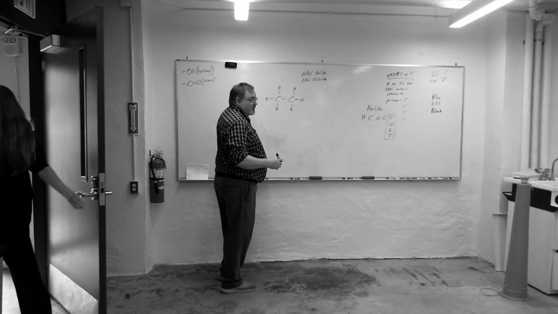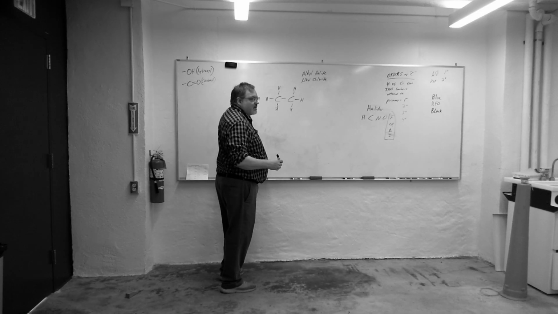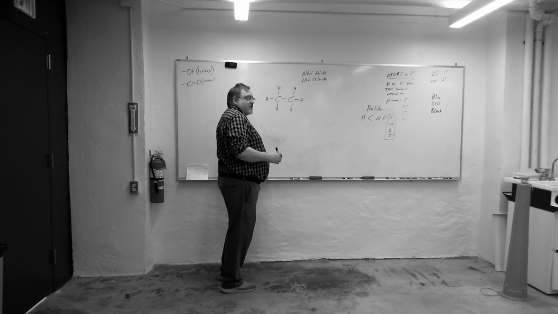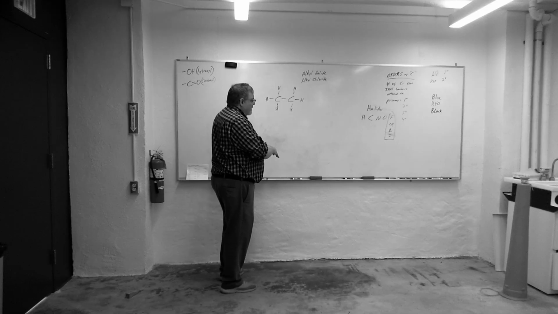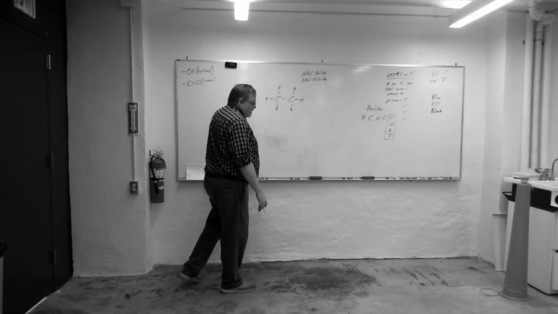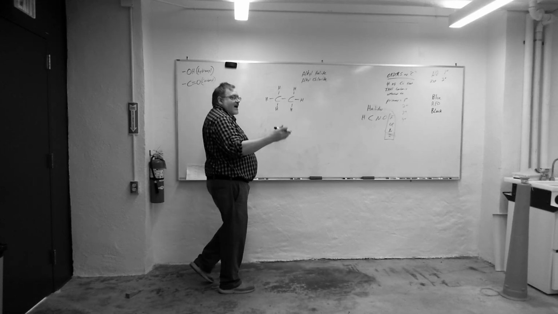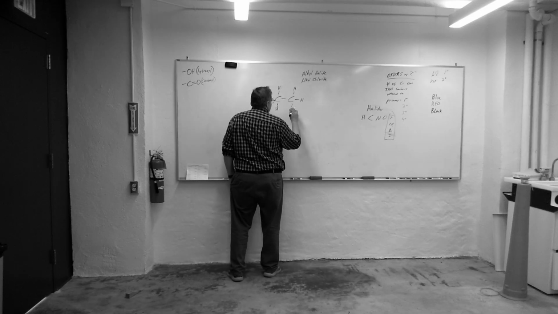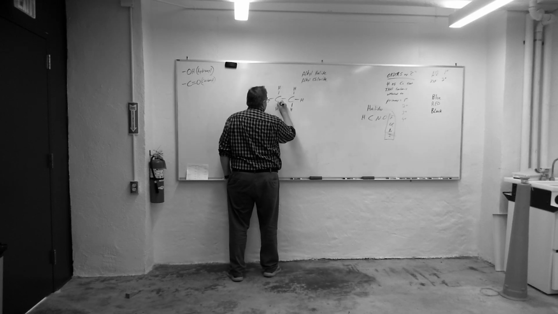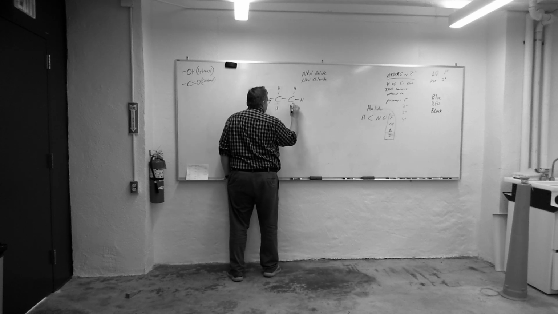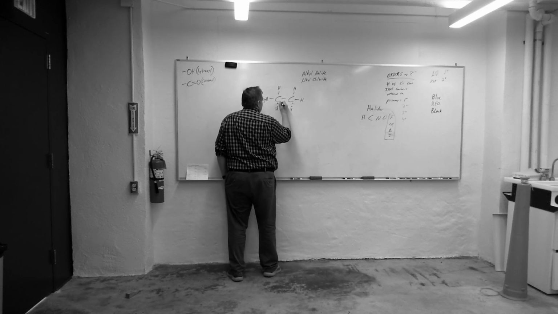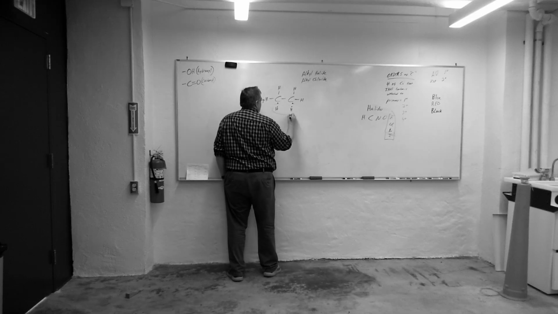Double bonds, triple bonds. I mentioned those the other day, didn't I? Can't remember. I did a little bit of covalent compounds, and then I went back to the polyatomics. But let me remind you that you can have a molecule like this, and you can remove those two hydrogens. And these just go away.